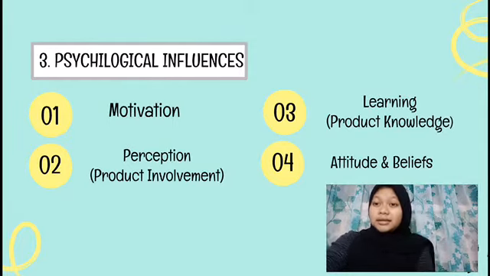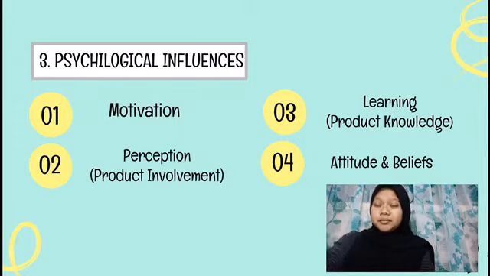Next, perception. Consumer perception is a major factor that influences consumer behavior. Customer perception is a process where a customer collects information about a product and interprets the information to make a meaningful image about a particular product. In other words, it can simply be defined as product involvement.